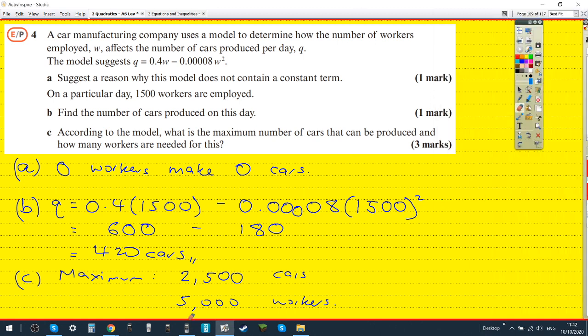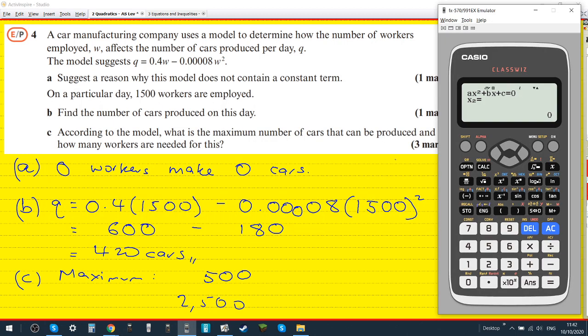And so, go on. What is the answer then for this one? So would the amount of cars produced be 500? So 500 cars, and how many workers are needed to make that many? 2,500. Is that right? Let me just check.